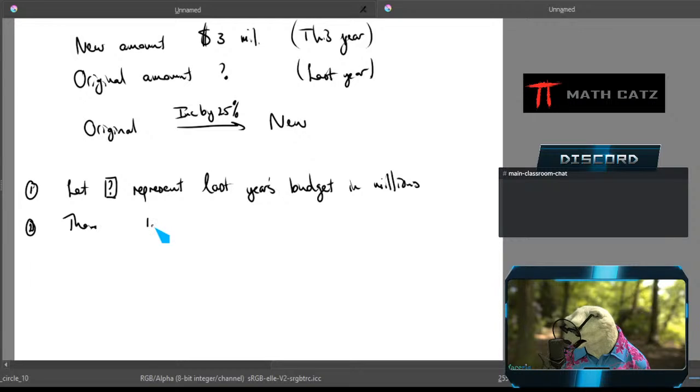So that's from my base 1 up 0.25, because that's the decimal version of the percentage, times the original amount, which is what I represent as question mark in a box. And they tell me that is 3, because I'm going to do everything in millions.